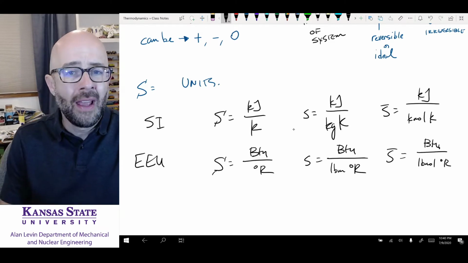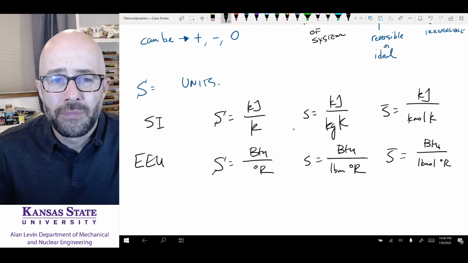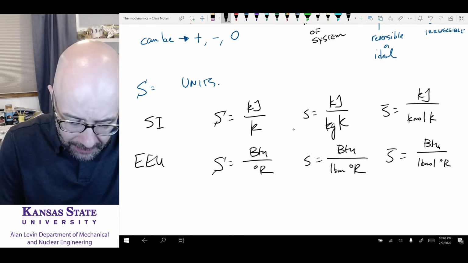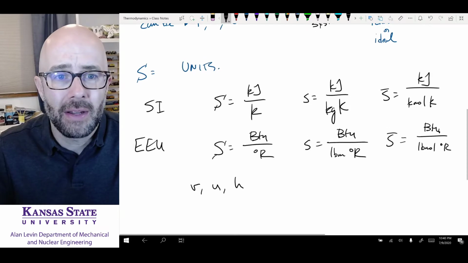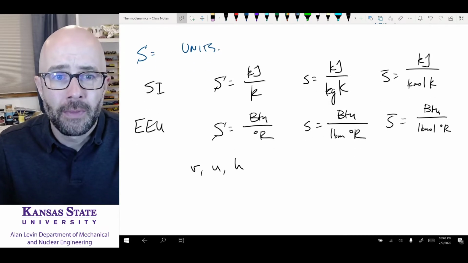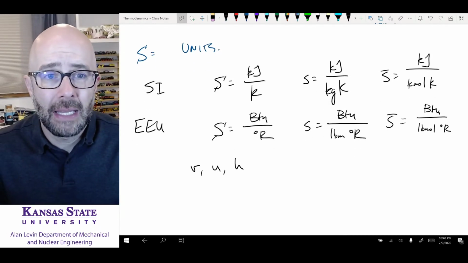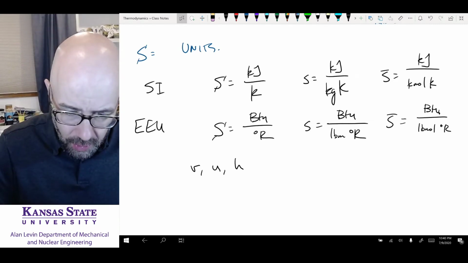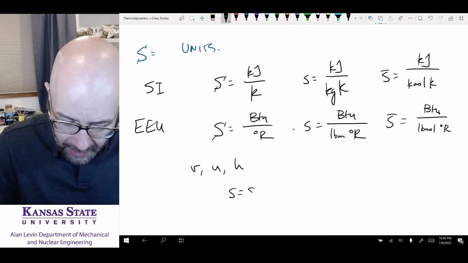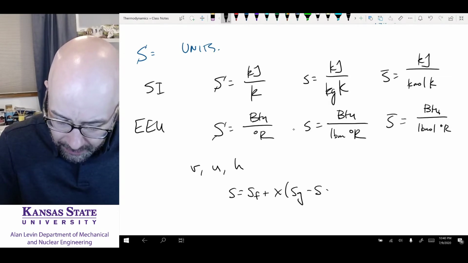Okay. And we can use entropy just like we did with specific volume and internal energy and enthalpy. They all can be found in the tables in your book. In fact, that's the last column that's available there. And we can now open that up, and we can use that S is equal to SF plus X times SG minus SF.